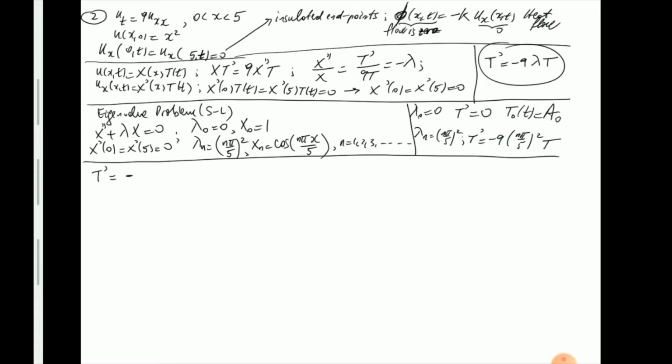I obviously chose these constants to be squares so that they look nice. You don't have to do that, but I can bring n inside that square and write it as 3n pi over 5 squared big T. Again, that's an exponential, so Tn of little t, its solution will be a constant, an, times e to the minus 3n pi over 5 squared little t.